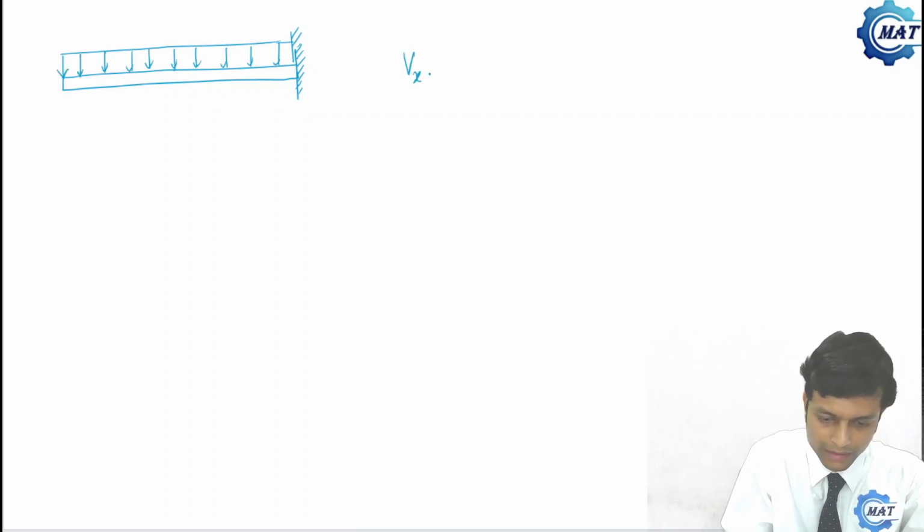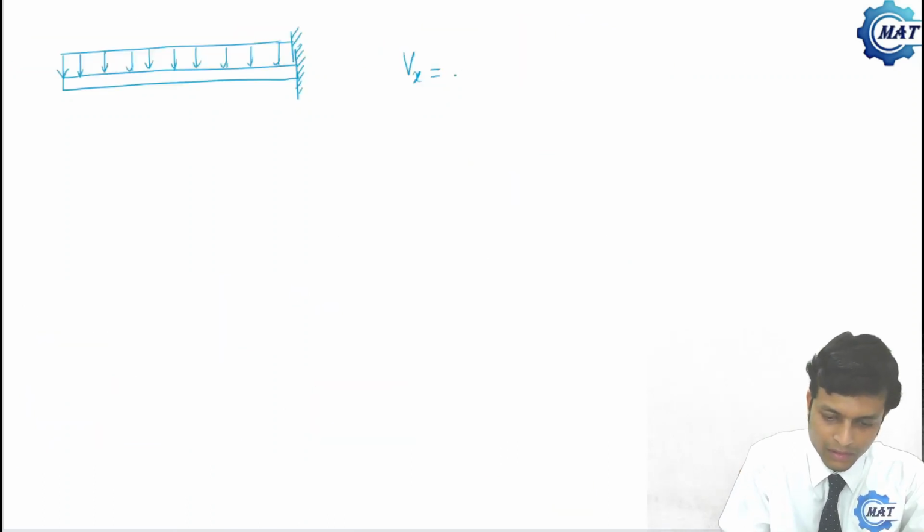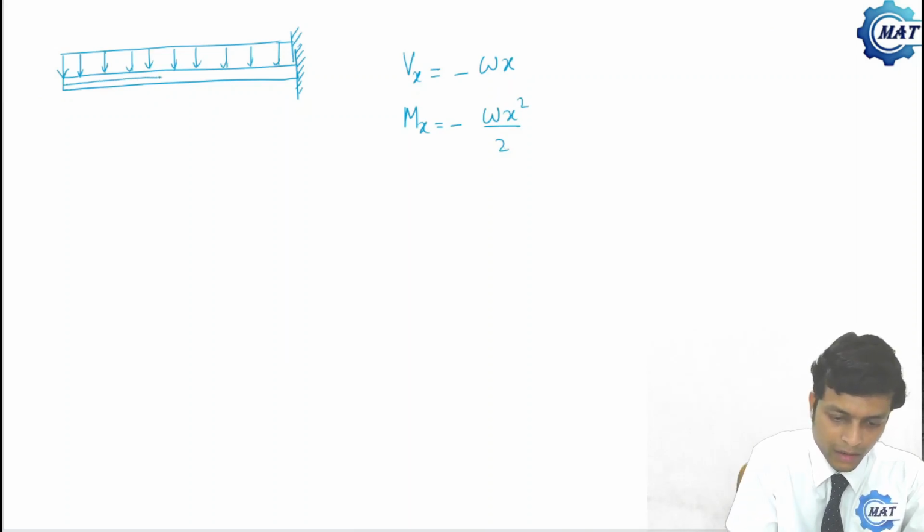Vx is minus wx and Mx is minus wx square by 2. This is x and this was y. Now let us draw the shear force and bending moment diagram.